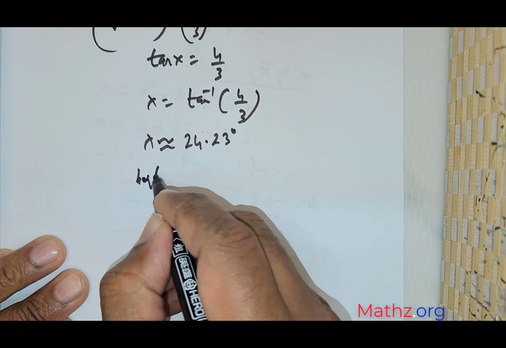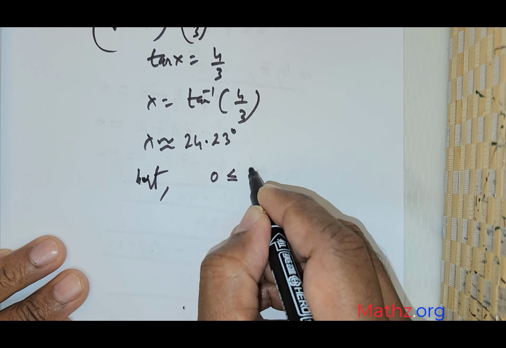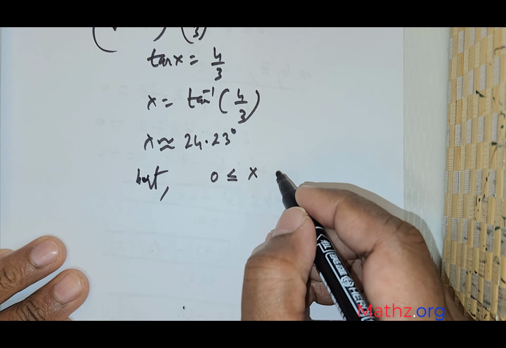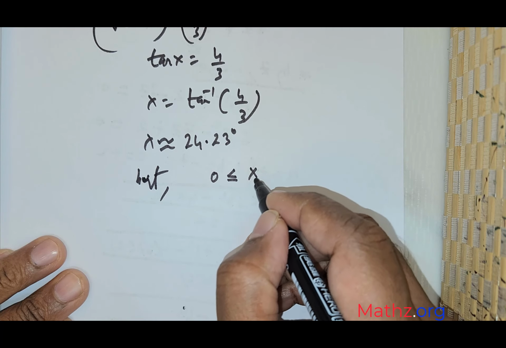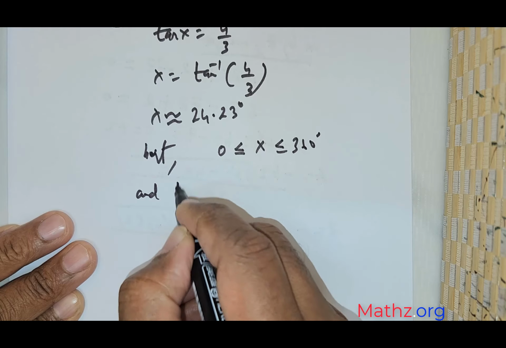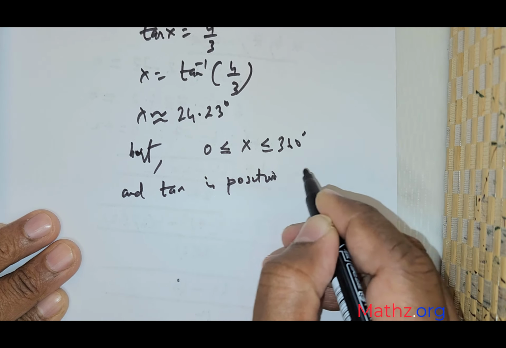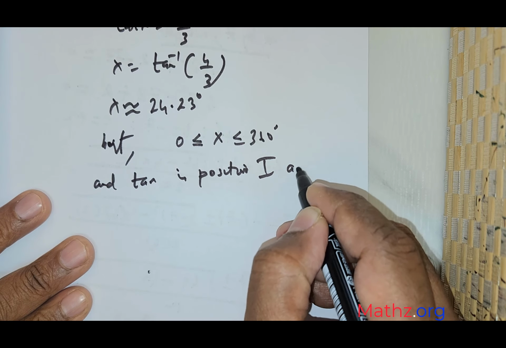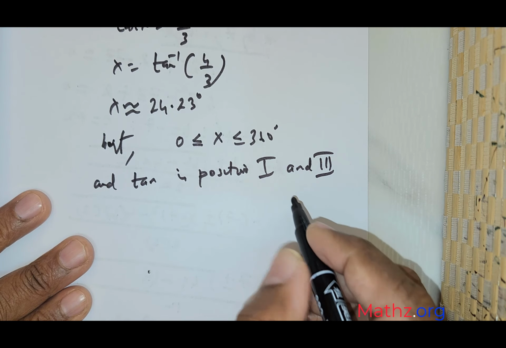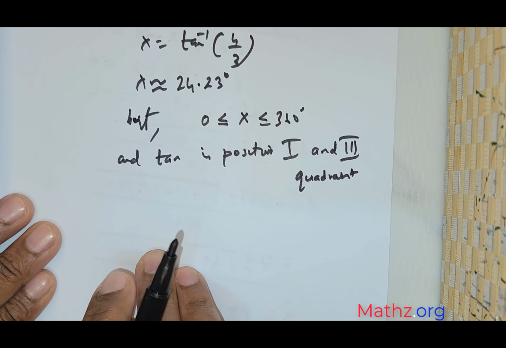But what are we given? x is actually lying between 0 and 360 degrees. And tan is positive in the first and third quadrant, right?